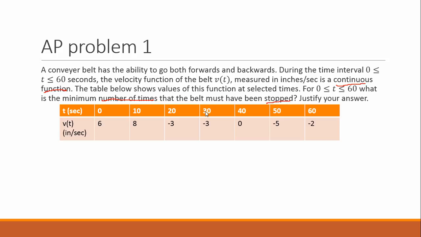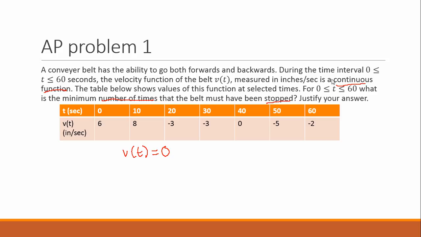So right now we've got a sentence. We need to turn it into something that we know about. So let's see. So we've got v of t, and we're looking for when it stops. So if something stops, then it must not be moving, right? So its velocity must be equal to 0. And remember, the intermediate value theorem says that between any two points, f of t will take every single value as long as the function is continuous.